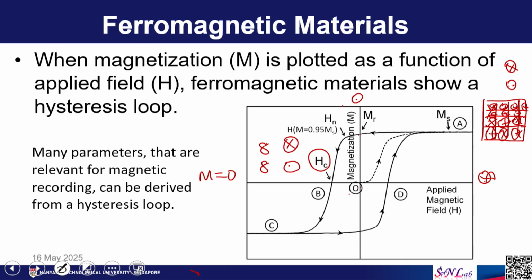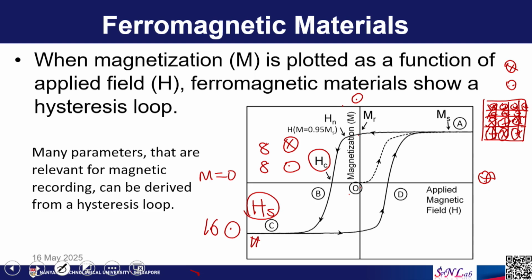When you apply a very large magnetic field, then again all 16 will have magnetization in this direction. This field is called the saturating field. Usually people use the term HS.